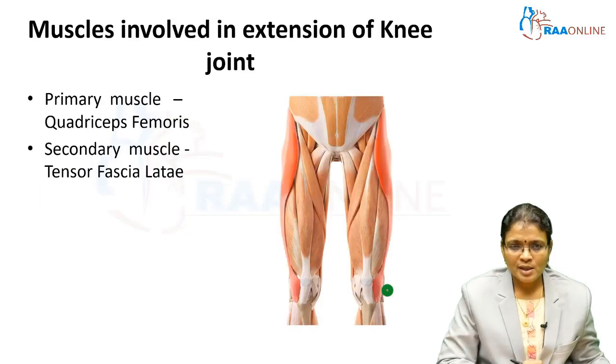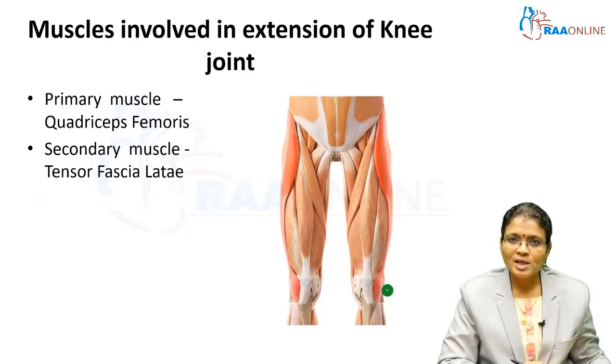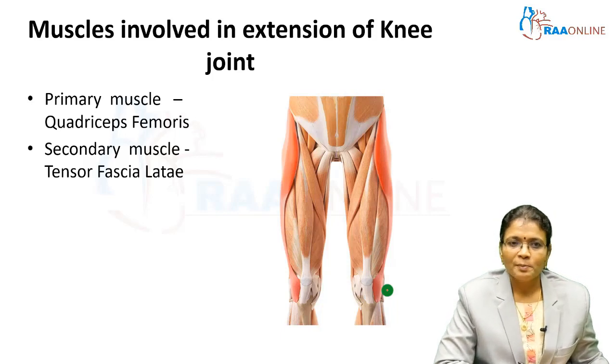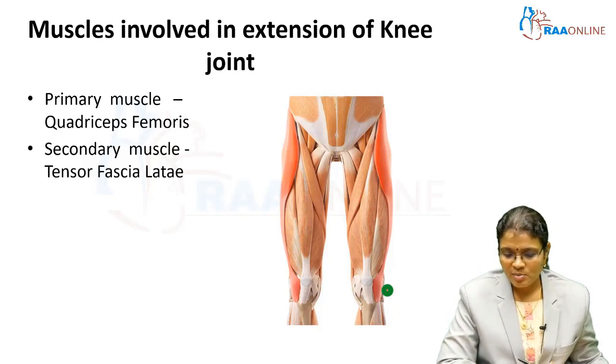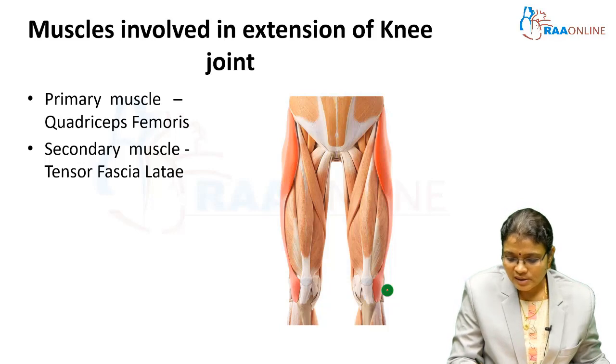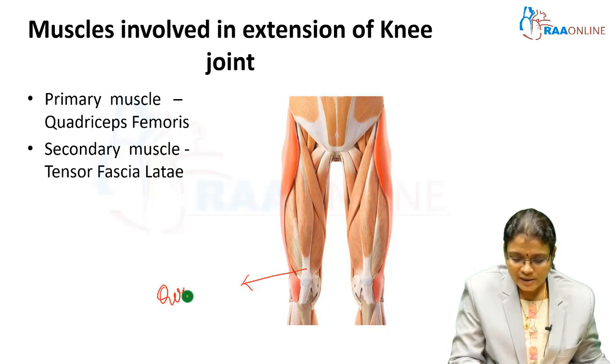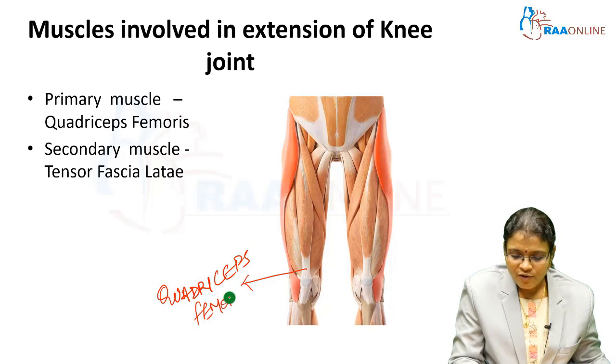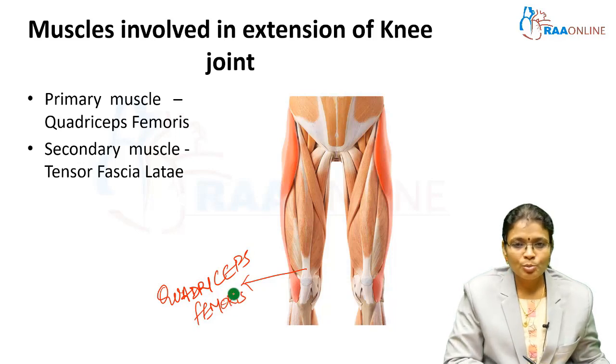Muscles involved in extension of knee joint can be classified into two groups, the primary muscle and the secondary muscle. The primary muscle is the quadriceps femoris. As the name indicates, quadriceps femoris is made up of four group of muscles. What are the four group of muscles?